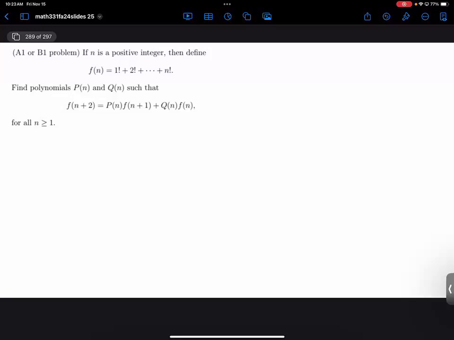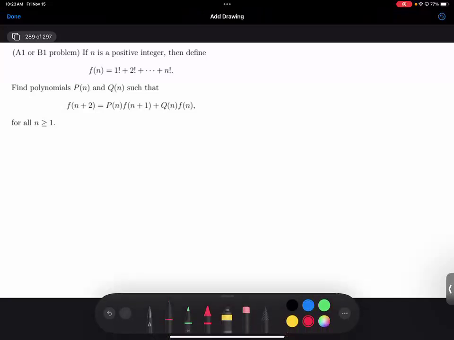So how might you start? Compute the first few values. Yes! Gather data, right? We have an hour.